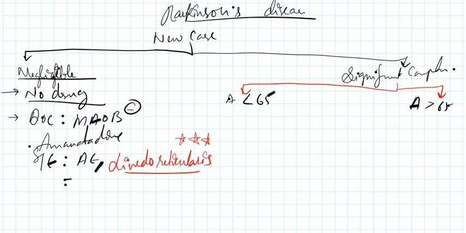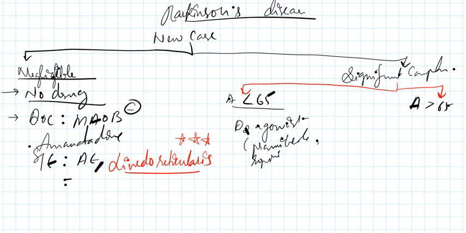People less than 65 are given a D2 agonist, for example pramipexole, ropinirole. If the age is less than 65 years, you give a D2 agonist: pramipexole, ropinirole.